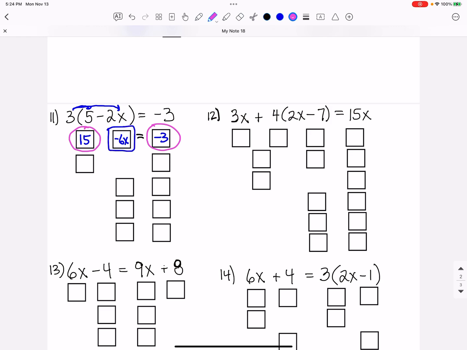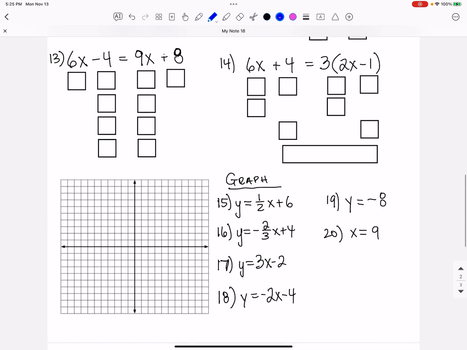Letter team, it's the 15 that needs to move, so -15, -15. So -6x equals -18. Top versus bottom, the -6. X equals 3.